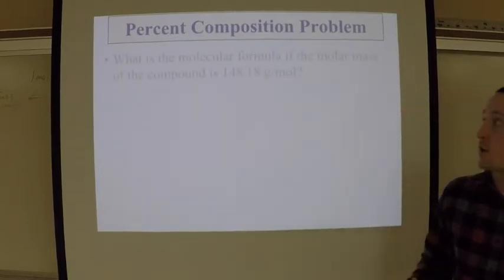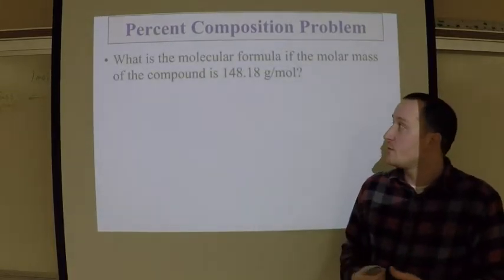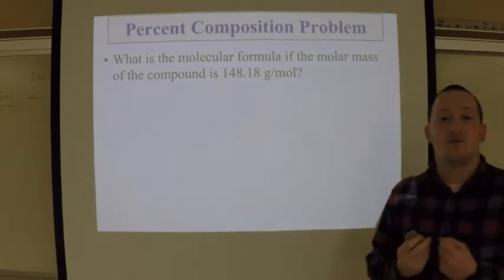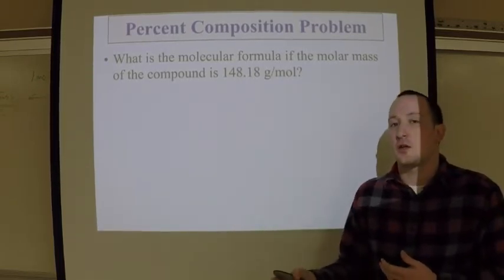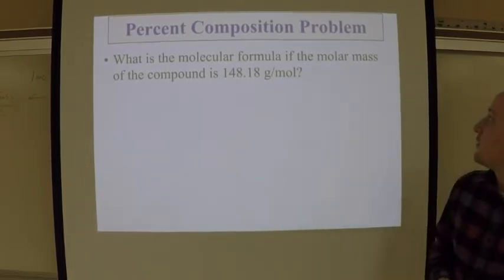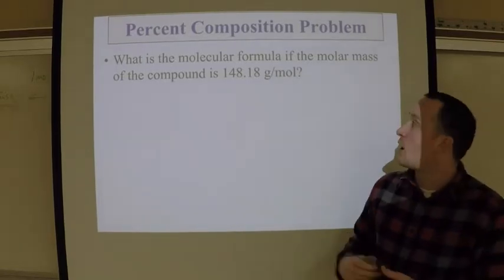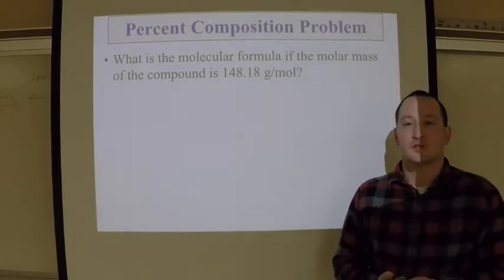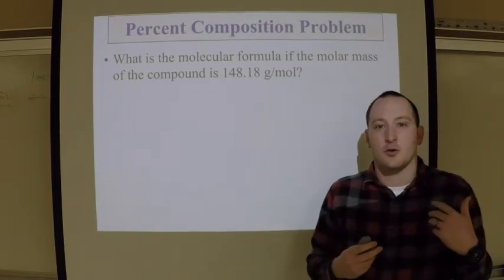Well, here's another follow-up question. What if it said, now that you found the empirical formula, what's the molecular formula if the molar mass of the compound was 148.18 grams? This is the one that we did with benzene a little earlier.